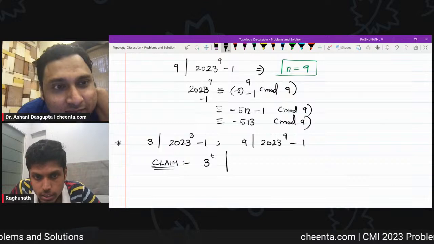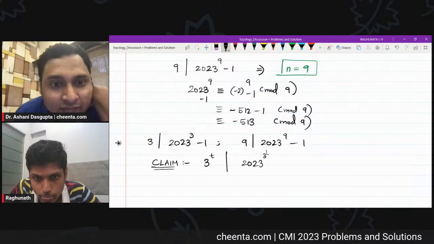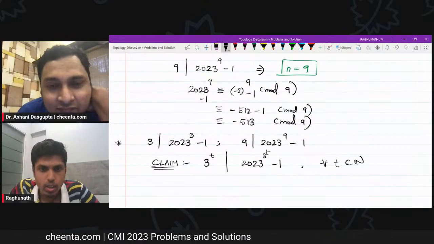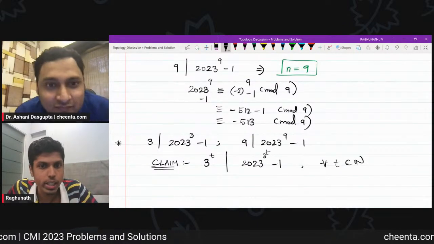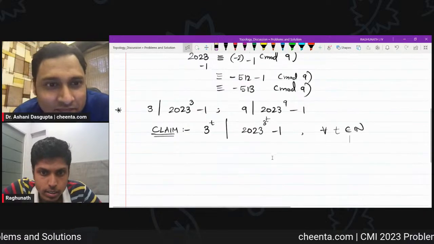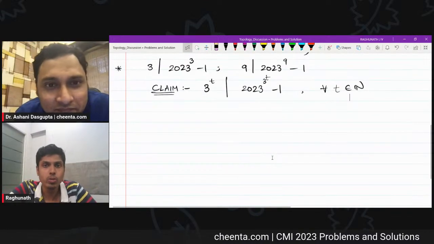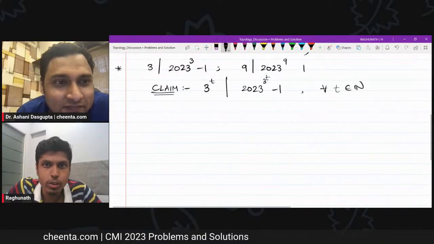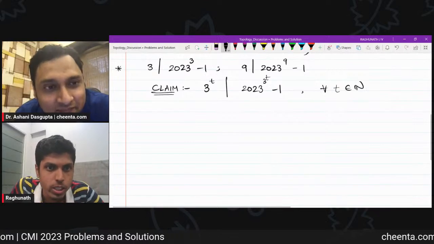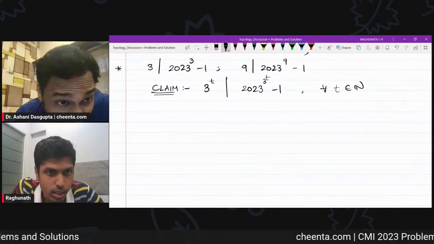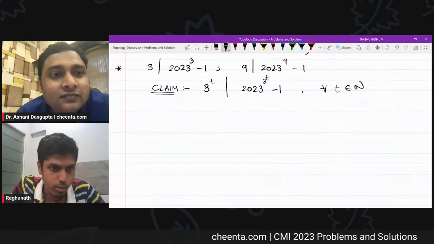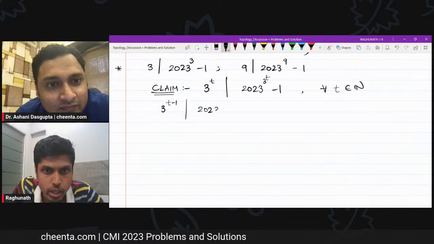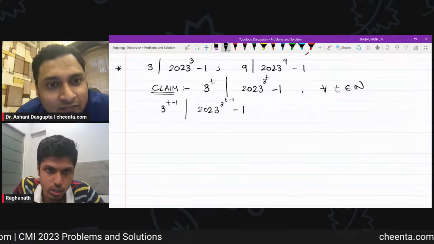Claim: 3 power t divides 2023 power 3 power t minus 1 for all t in natural numbers. Obviously, the base cases are true, t equal to 1 and t equal to 2. Let us prove this using induction, because directly jumping into that particular 3 power t will be very difficult. By the induction hypothesis, 3 power t minus 1 divides 2023 power 3 power t minus 1, minus 1.